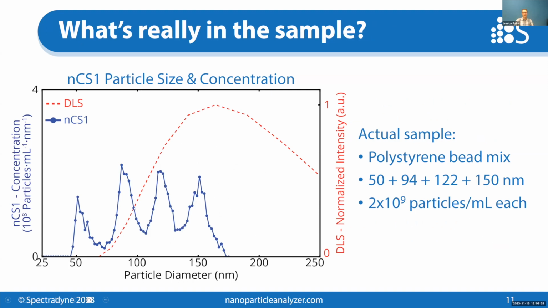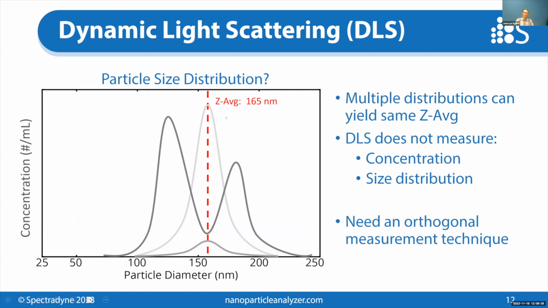There's a lot of richness to this particle size distribution that dynamic light scattering is missing. On top of that, dynamic light scattering doesn't tell us about the payload, and neither does the bulk measurement, the RiboGreen assay, where for all we know, the payload may be encapsulated in just particles that are bigger, between 150 and 200, and nothing might be in the small ones where you want it to be.